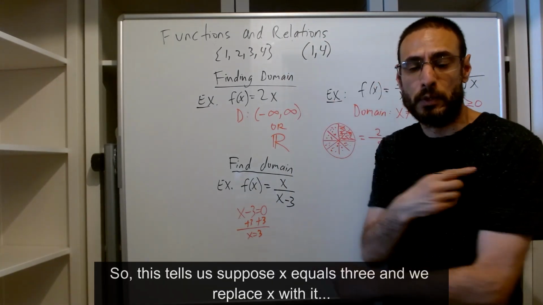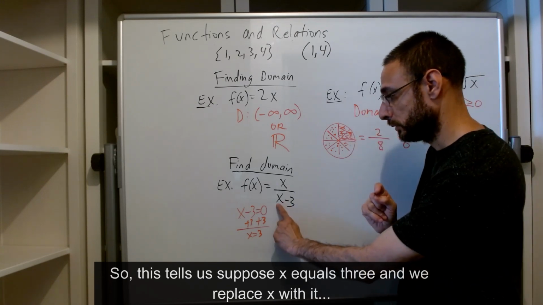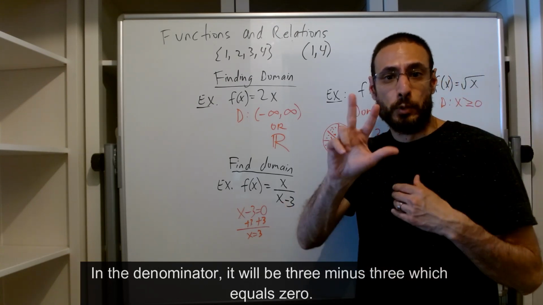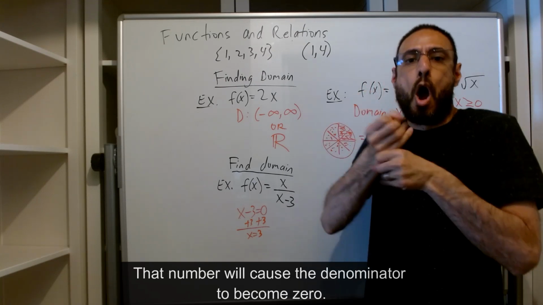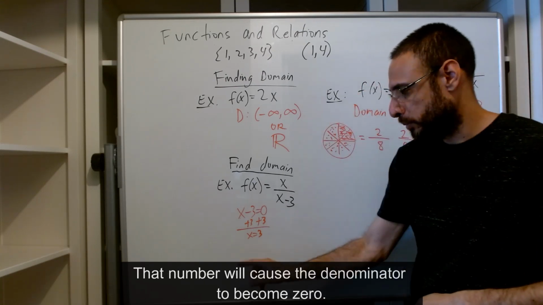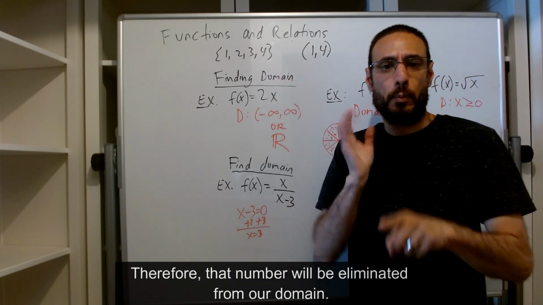So, this tells us suppose x equals 3 and we replace x with it. In the denominator, it will be 3 minus 3 which equals 0. That number will cause the denominator to become 0. Therefore, that number will be eliminated from our domain.